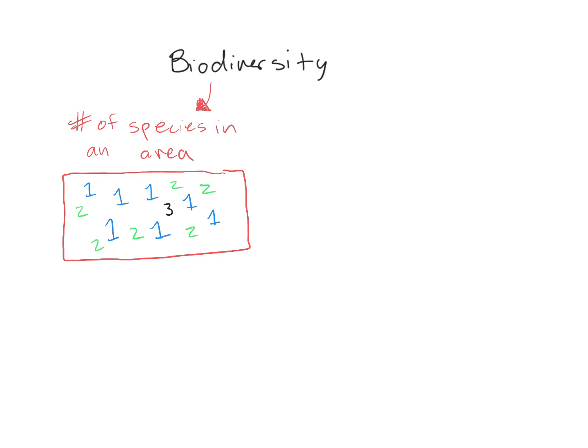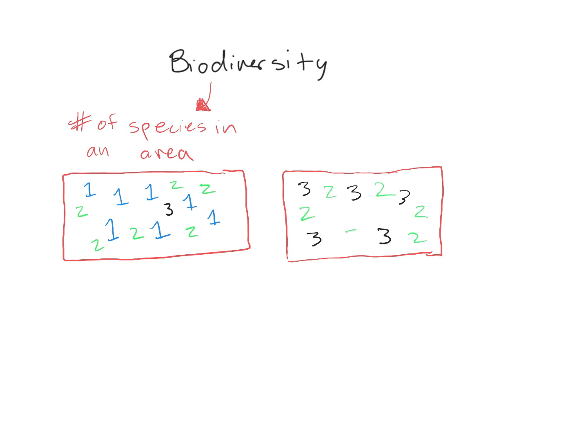All right, well, let's say I go to another plot, and I'm counting trees as well. And I'm finding lots of species 3. I'm finding lots of species 2, and I'm finding lots of species 1.